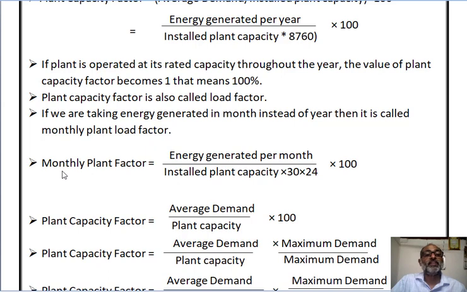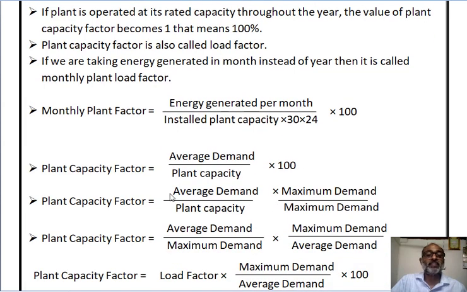So we can write the definition of monthly plant factor: it is the ratio between energy generated per month divided by installed plant capacity into 30, that means number of days in the month, and into 24, that is the number of hours per day. We can also define the plant capacity factor as average demand divided by plant capacity into 100.